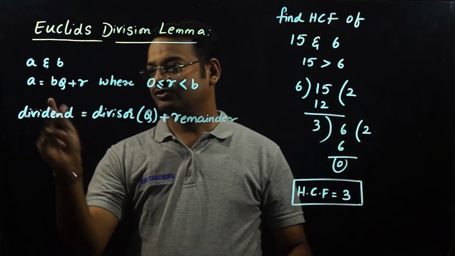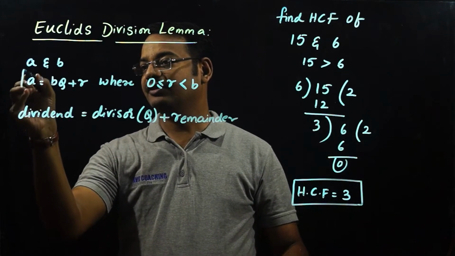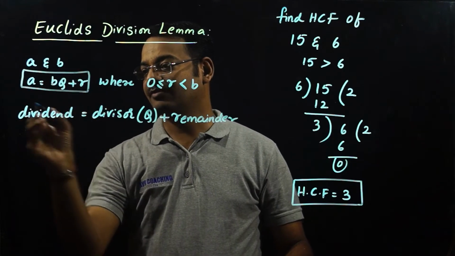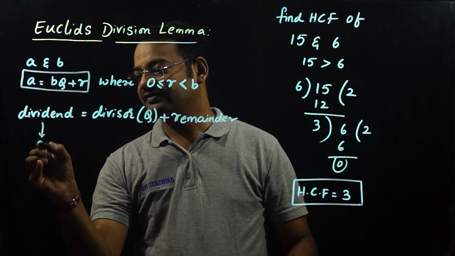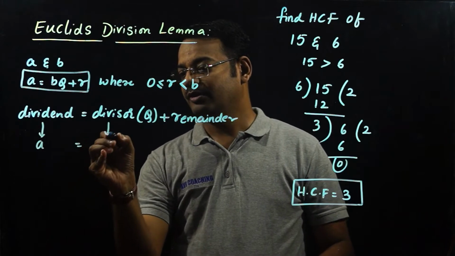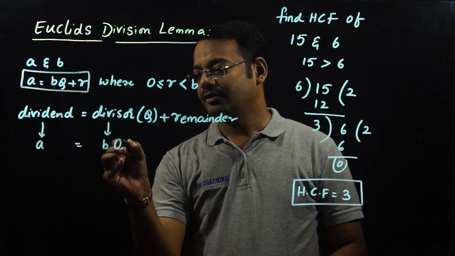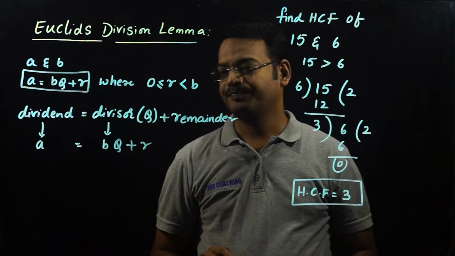If we compare these two, dividend is a, divisor is b, into quotient plus remainder.